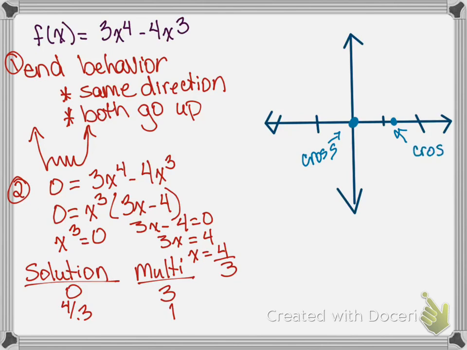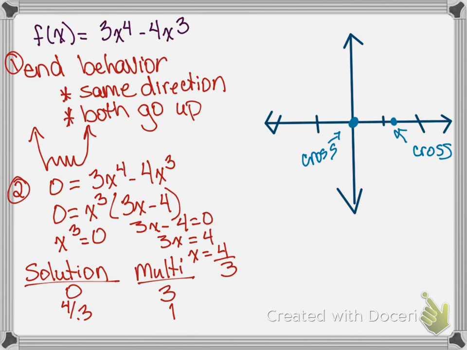Now, the behavior when I have a multiplicity of 3 looks different than what happens with the multiplicity of 1. It looks different, but it still crosses. It crosses very cleanly at 1, right?